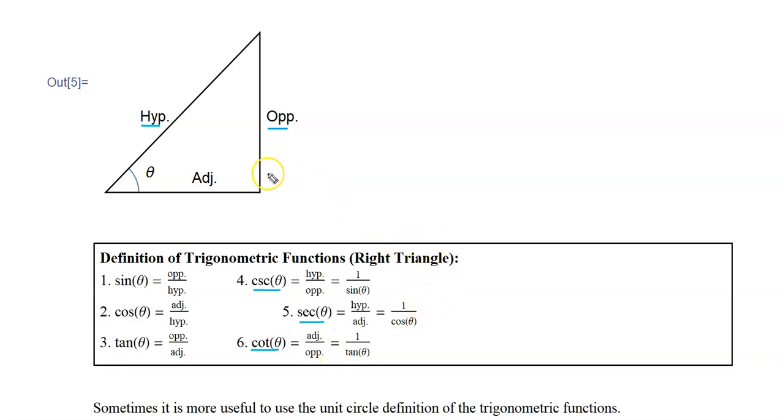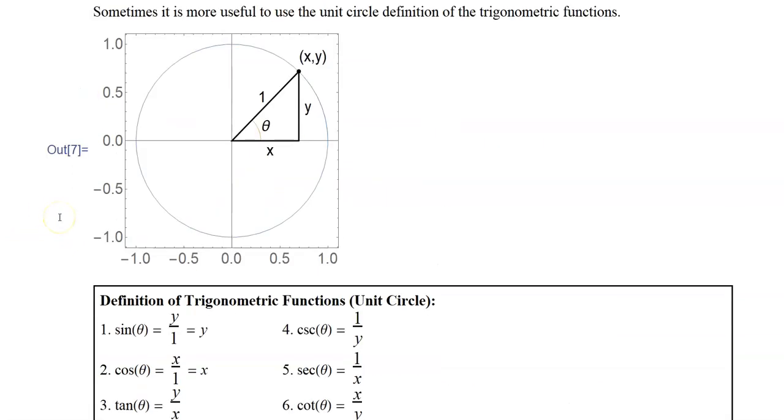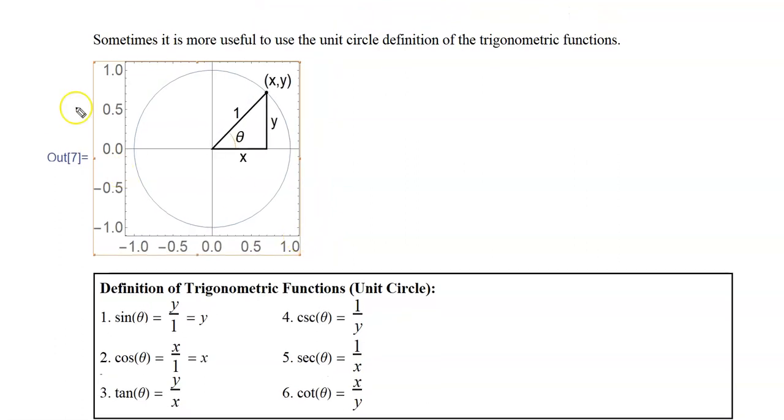Now, sometimes it's a little more useful to define these trig functions using the unit circle definition, and that we have defined below. So here we have drawn a unit circle, and we have labeled this point right here as x comma y.